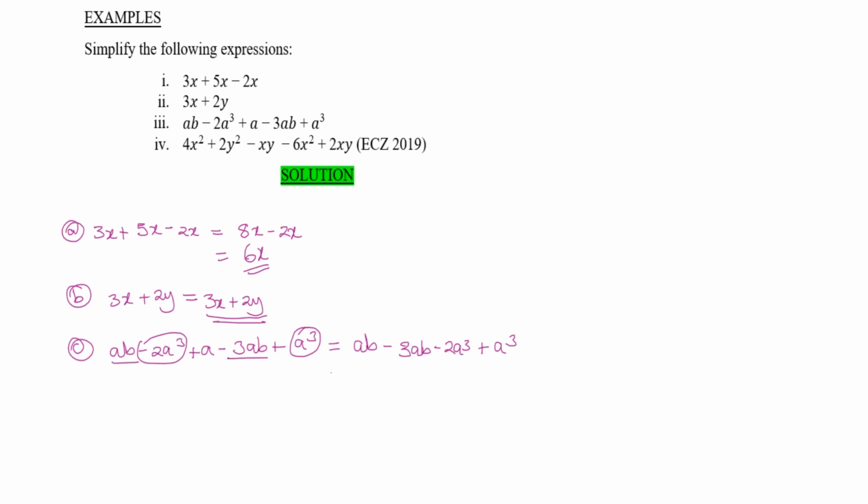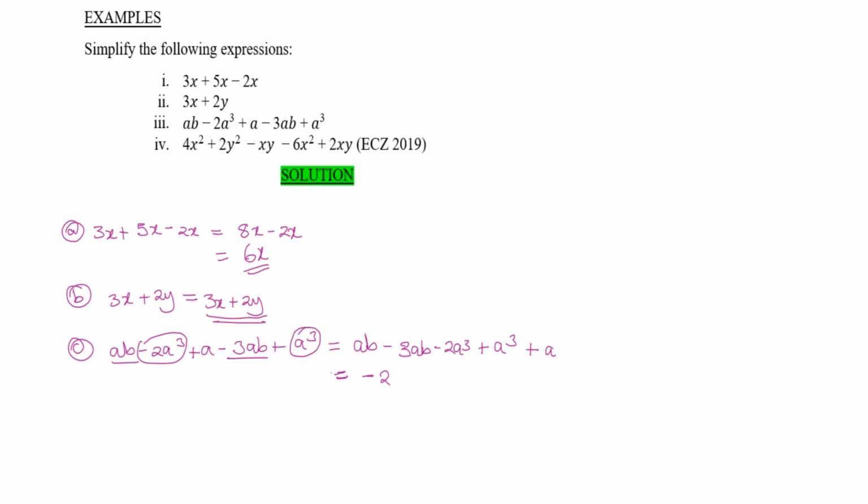Then a doesn't have any other like term, it is just standing alone. If we say ab minus 3ab, it's more or less like saying 1 minus 3 to give us a negative 2.